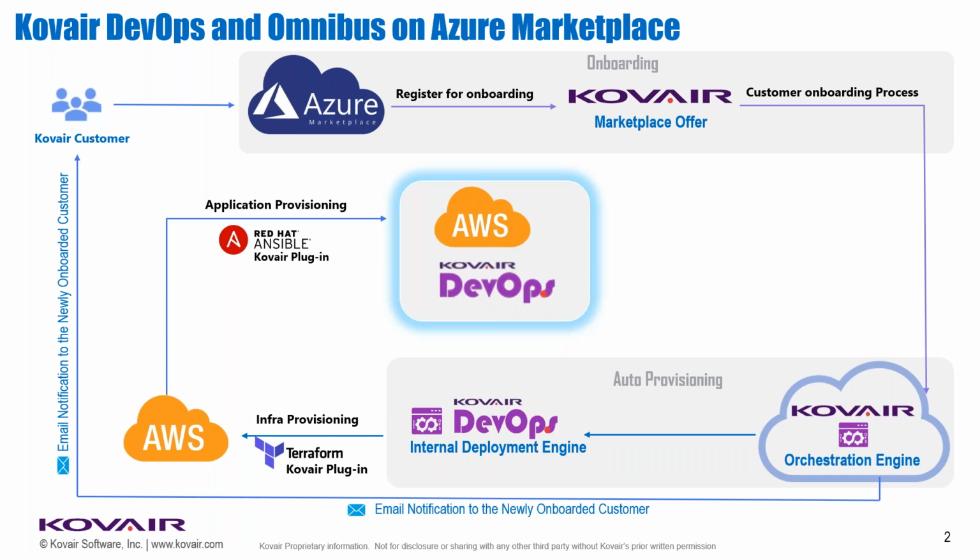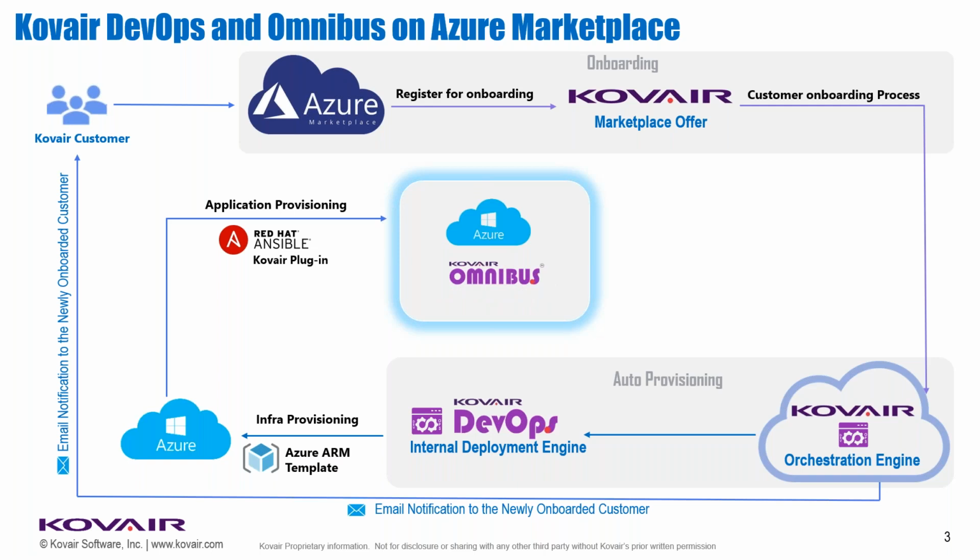Within a few minutes, a customer gets a confirmation mail with the instance URL, user ID, and password. The process of onboarding an Omnibus customer is also the same.